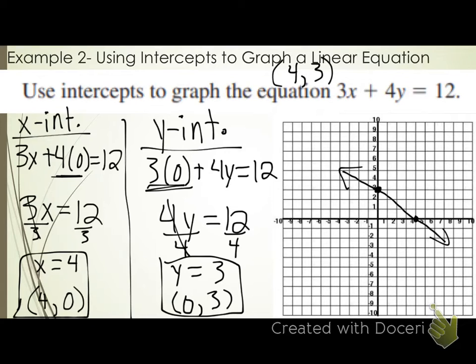Is that any kind of intercept? No, (4, 3) is right here. That's not my x-intercept or my y-intercept. So don't write it like that. They are two separate ordered pairs. You have to find them individually. Questions on example 2? We good?